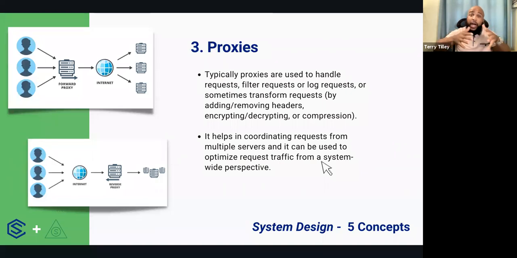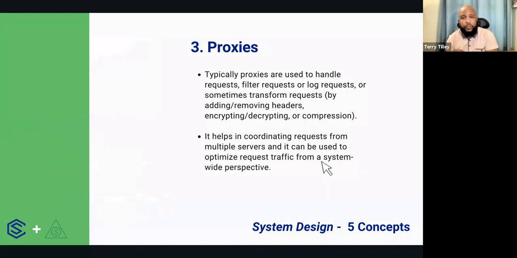In very large or complex areas, a lot of the time the reverse proxy is preferred because it protects your database server. The clients don't necessarily know who is sending it to them. It comes directly from the proxy. Again, another major concept to help with coordinating. Sometimes you can have a proxy do your load balancing as well.